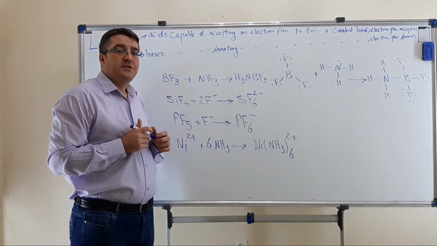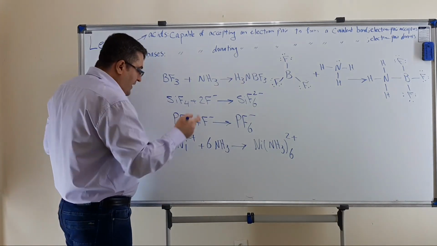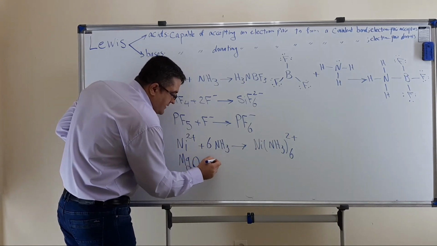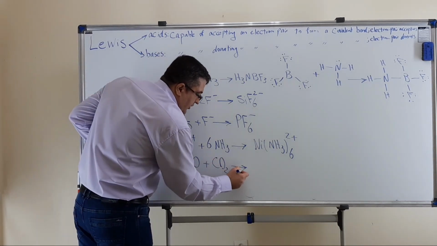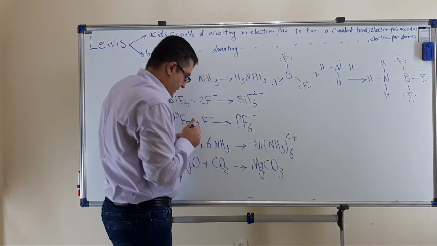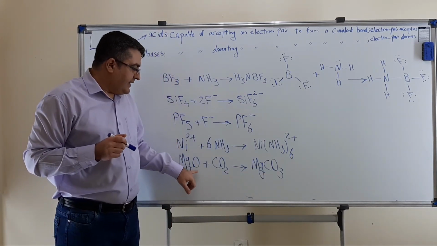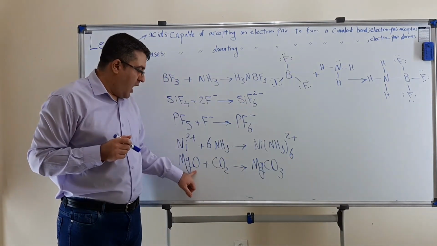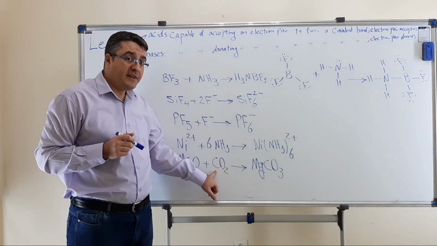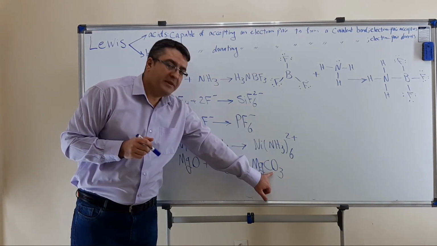Also, substances with pi electrons can act as Lewis acids. For example, consider this reaction. MgO plus CO2 yields MgCO3, magnesium carbonate. In this reaction, the oxide ion donates an electron pair to the carbon atom of the carbon dioxide and forms the carbonate ion.